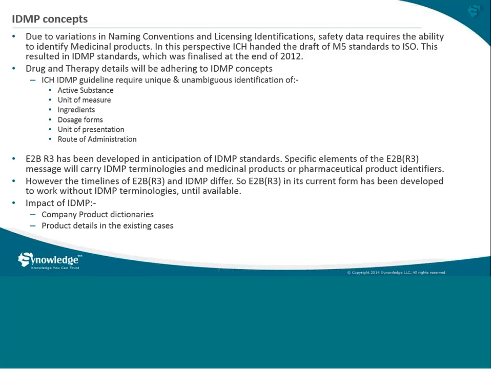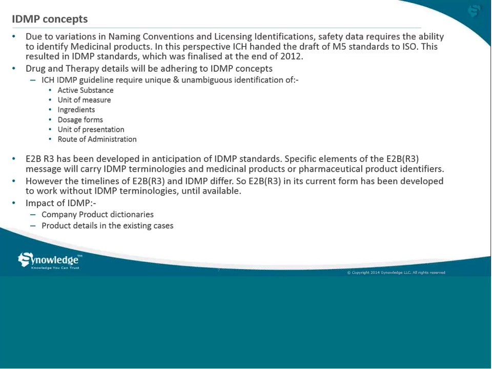The timelines of E2B R3 and IDMP are not in sync. It might differ. So E2B R3 in its current form has been developed to work as much as possible with IDMP until the complete set of IDMP is fully available.